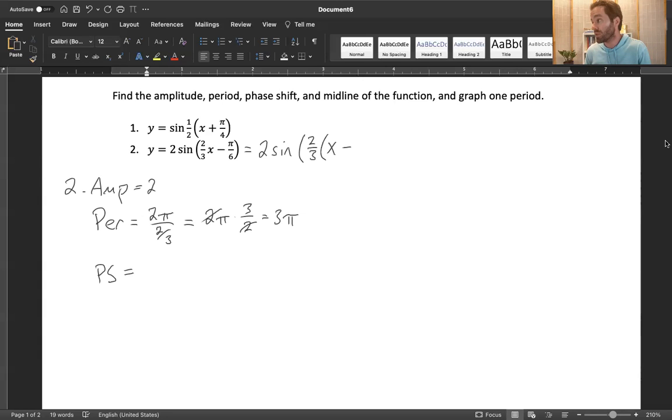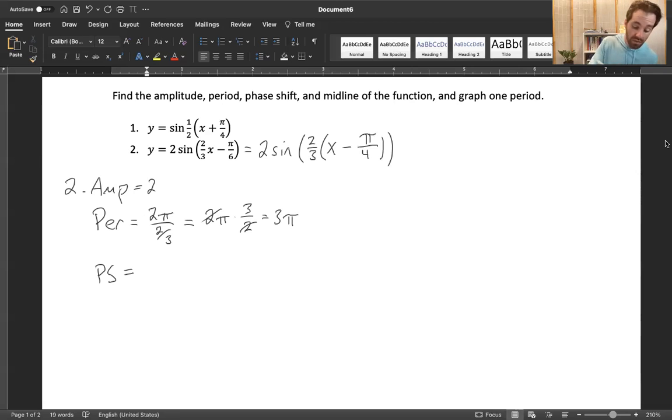So 2/3 times, I think that would be one over, and then 2 to cancel with this, and then another 2 to turn that into a 6. I promise I can math. That would be 1/4. And of course, there's a pi in there.